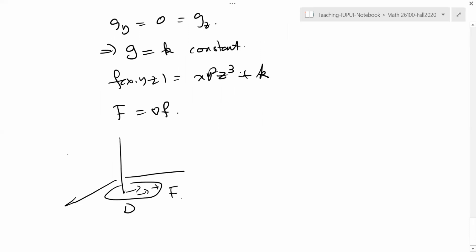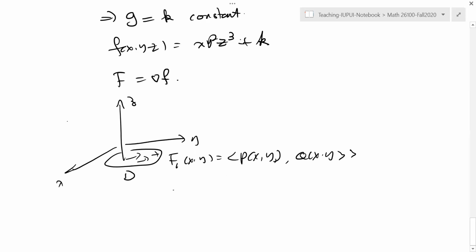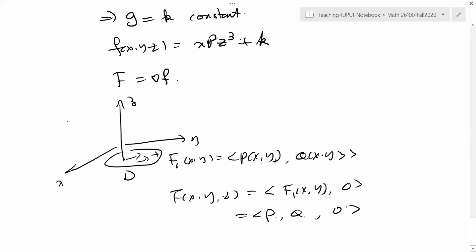Let's call it F1. So you have P(x, y), Q(x, y). It's two-dimensional, right? But you can embed the two-dimensional plane into three-dimensional space. So you can get a three-dimensional vector field, where the first two components are P, Q, and the third component is 0.